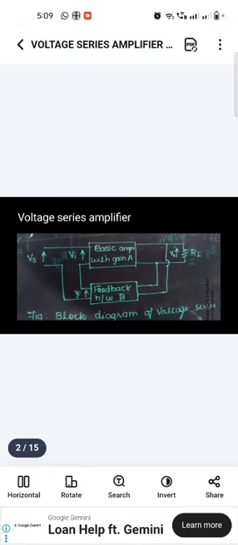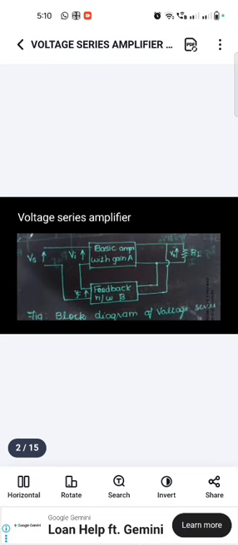Now the voltage series amplifier. So what is the voltage series amplifier? In a feedback amplifier, three blocks are there: input, amplifier, output. We take a small part of the output to the input, so we consider that as a sampling network.